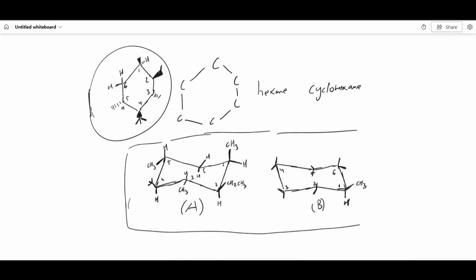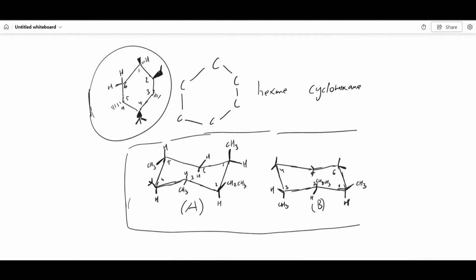Carbon 2, you have the ethyl on axial, and on equatorial you have a hydrogen. Carbon 3, you'll have CH3 facing down and H facing up.